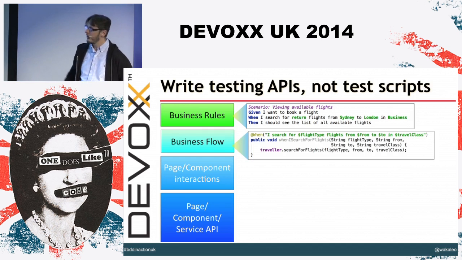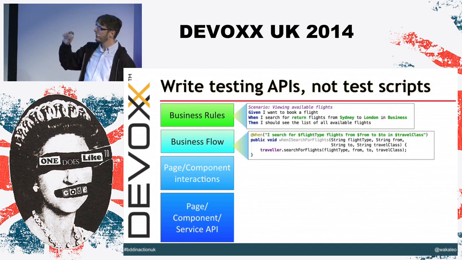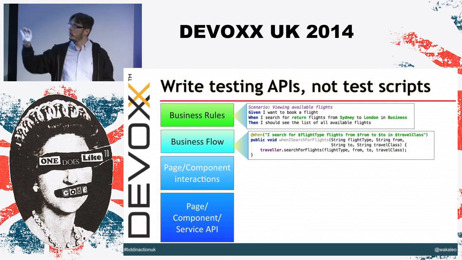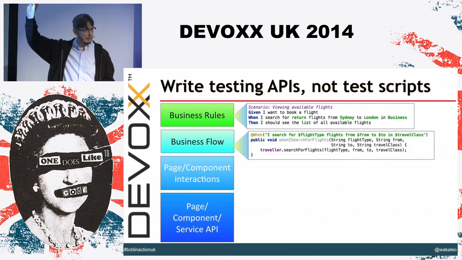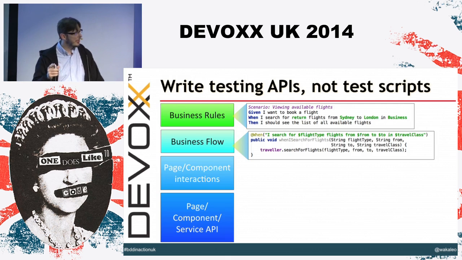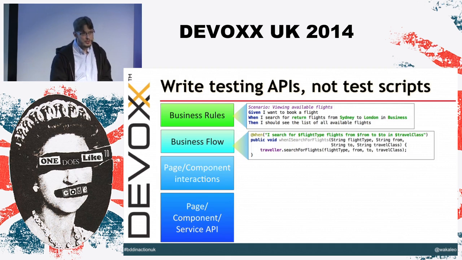Then as you drill down, you get a layer which I call the business flow layer, which is how is this business goal achieved? So in this case, it's very simple, traveller searches for flights. But in more complicated scenarios, you might have things like when you're processing a particular type of file, the file should be sent to this particular server, there should be an event logged in the database, and there should be some other sort of event sent somewhere else.